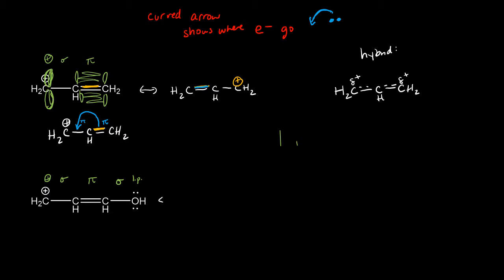So our first resonance structure will be essentially the same as what we drew above. So we just switch the locations of the pi bond and the positive charge.